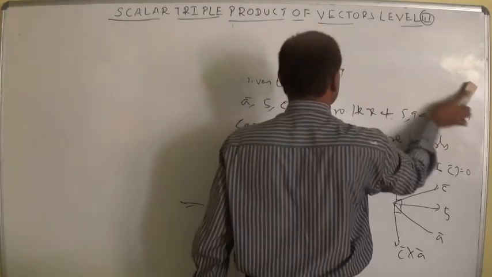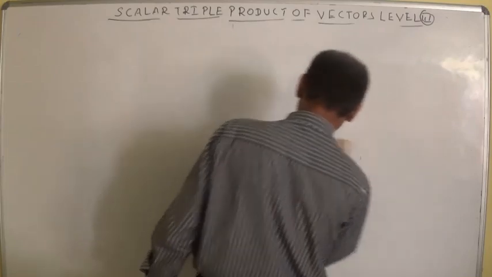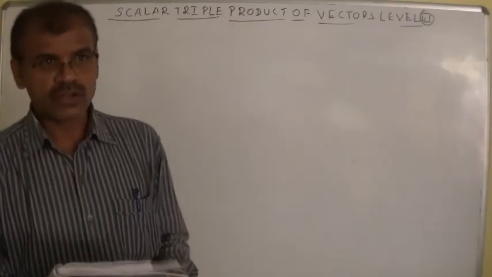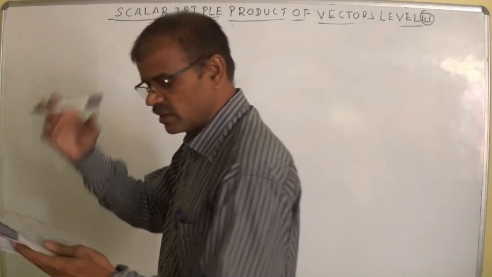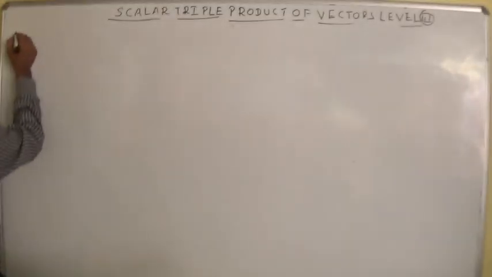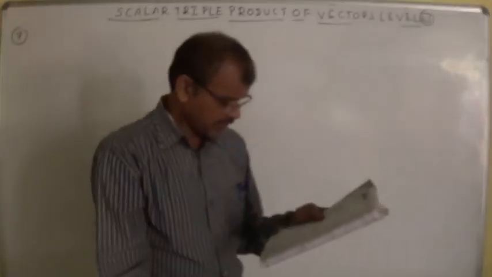Here the collinear concept is used according to linear combination of vectors with non-zero scalars. If it is zero scalars, they are said to be non-collinear, non-coplanar, linearly independent vectors. Now here we used collinear, coplanar and linearly independent vectors.